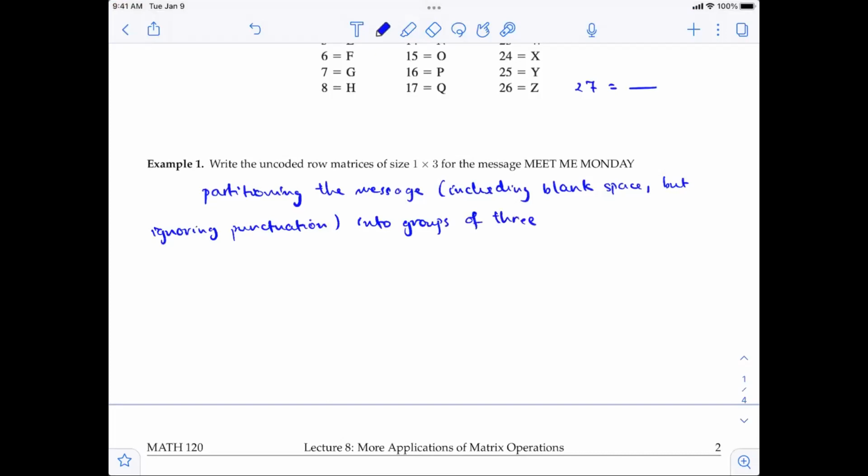Again, because the requirement is you break this message down into matrices of 1 by 3. So you have the message "meet me Monday."